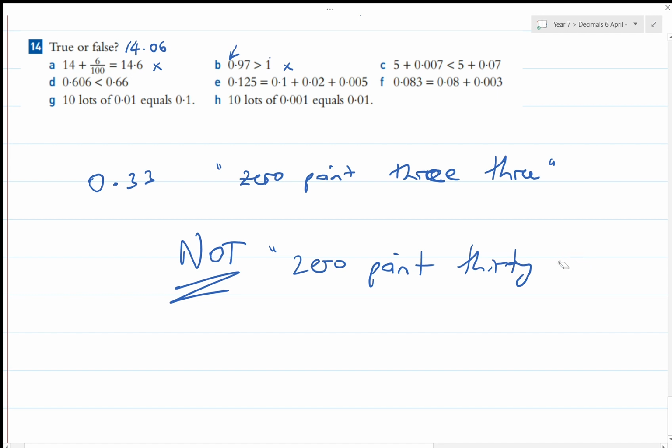Whoa, 33. The reason we make you not do this is because it's all about place value, right? And what you're saying is it's 0 point, a 3, and then another 3, and each of those 3s have place value. If you say 33, you might get confused and put it like this. Okay, that's why we make you do it like that.